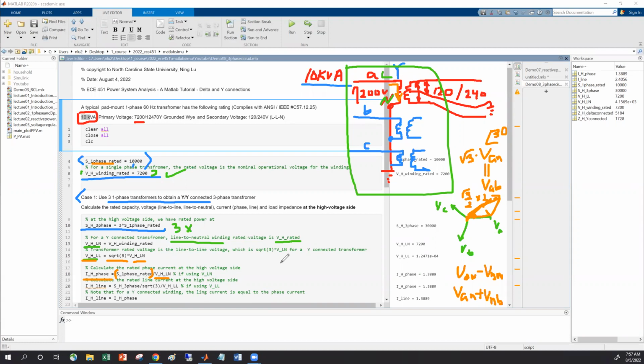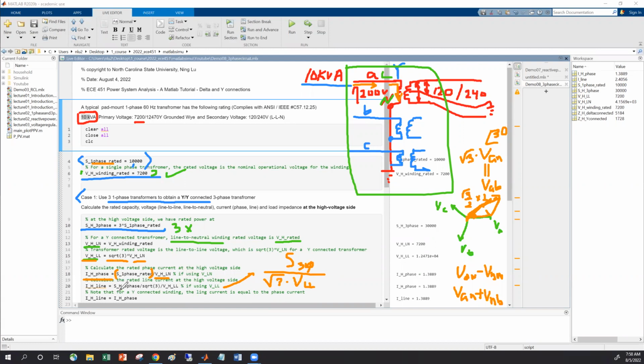And the other way to compute the line current, in the textbook, you can see that it equals this: your 3-phase rated power, divided by square root of 3 times V line to line. So that's another way to compute the line current. But in here, since it's connected in Y, the line current will equal the phase current because it directly flows into the phase.